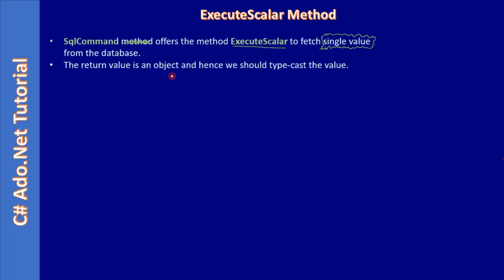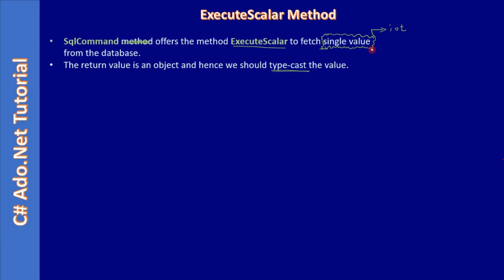The return value is an object, and hence we should typecast the value. Even if you know that the return value is a single value and that it is an integer, ExecuteScalar may return a single value, but it can be anything.